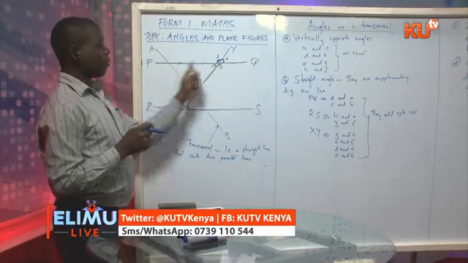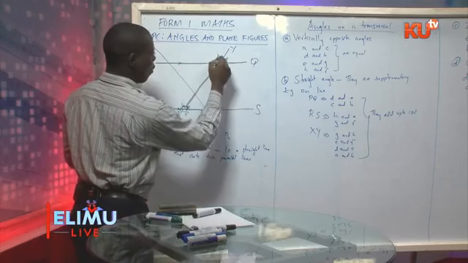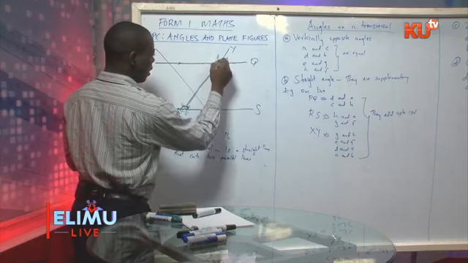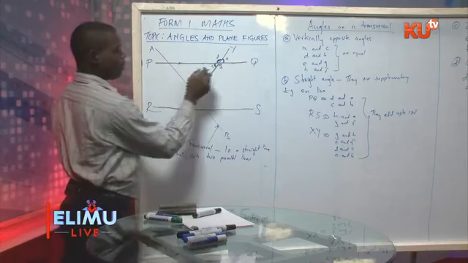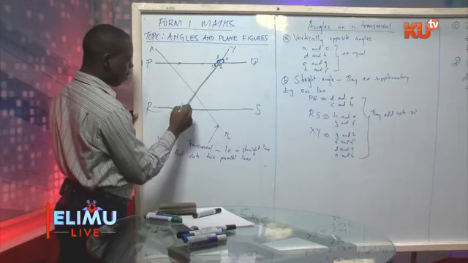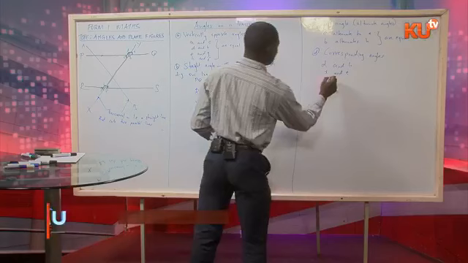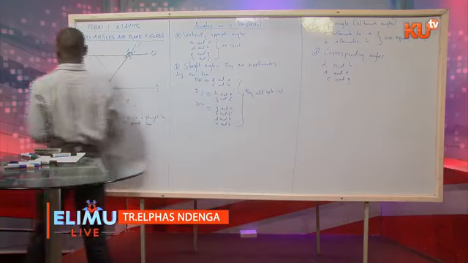Go back to the line PQ. The first angle on the lower side, on the left side of the transversal, is C. The same position looking at line RS is taken by the angle G. Therefore, C and G will correspond.